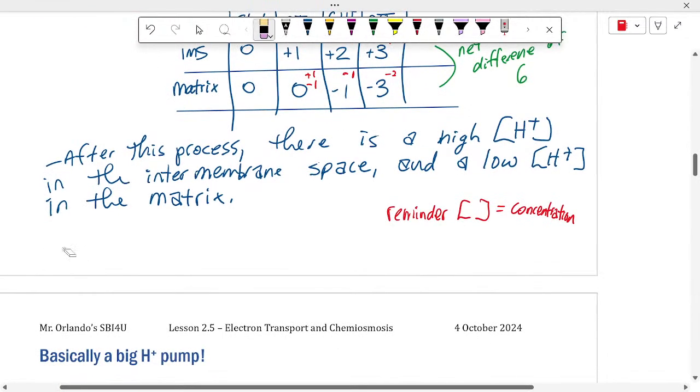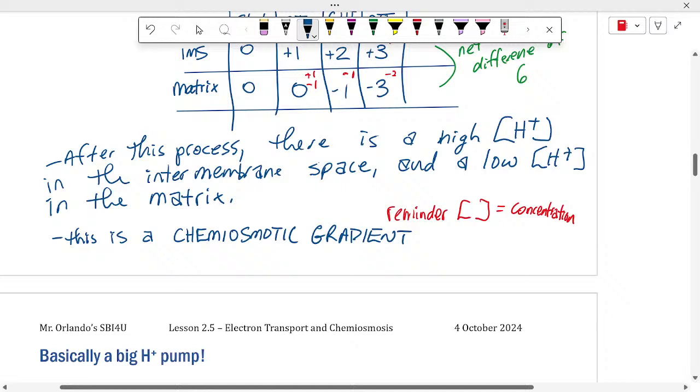So this creates what we call chemiosmotic pressure. This is a chemiosmotic gradient. I.e., we have high concentrations of something on one side of a membrane and low concentrations on the other, which creates chemiosmotic pressure.